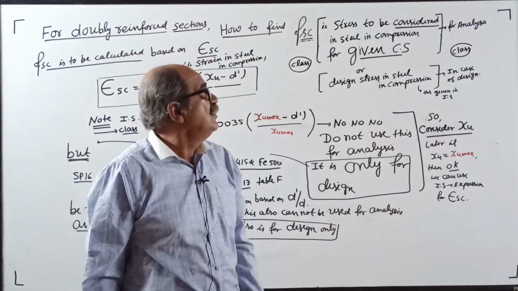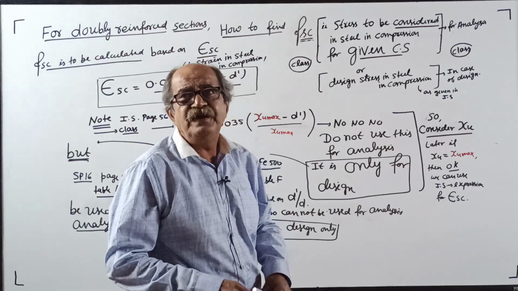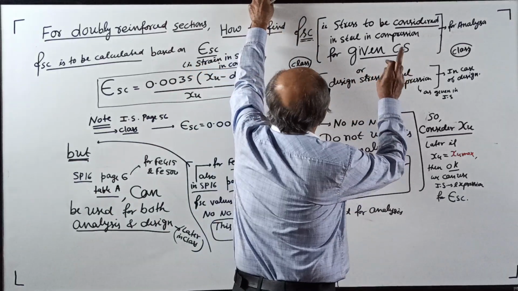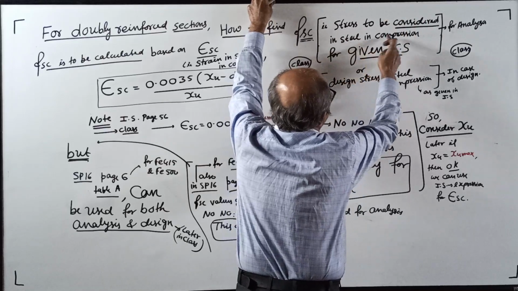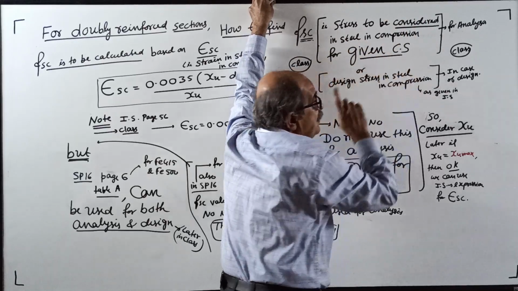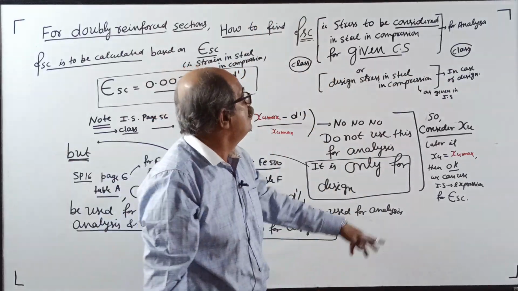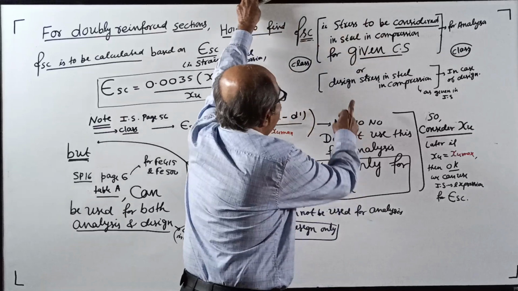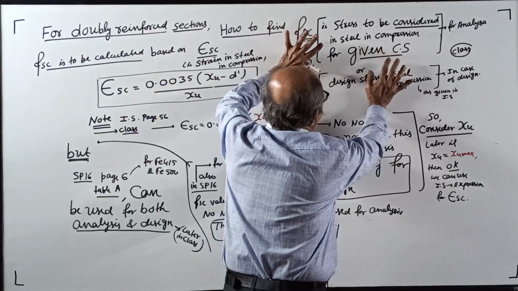What FSC you have to consider for analysis? So if it is an analysis problem, you call it stress to be considered in steel in compression for the given cross section. Whenever a given cross section is there, it is analysis. But for design, it is called design stress. One part I clarified here.